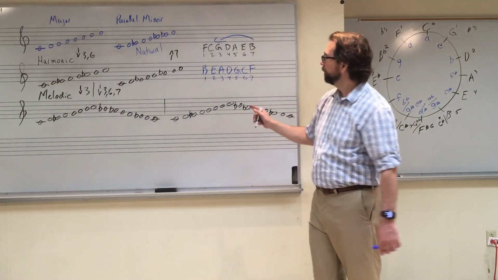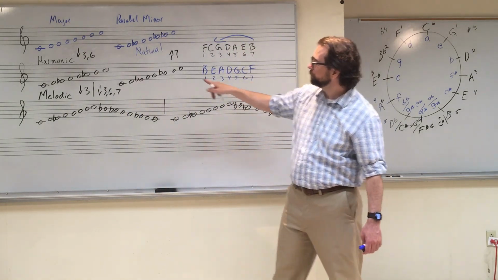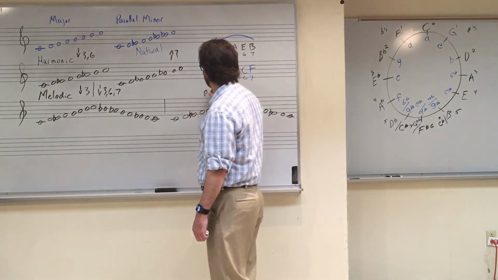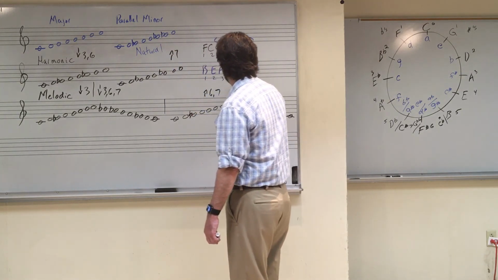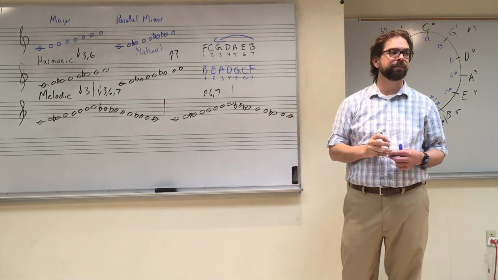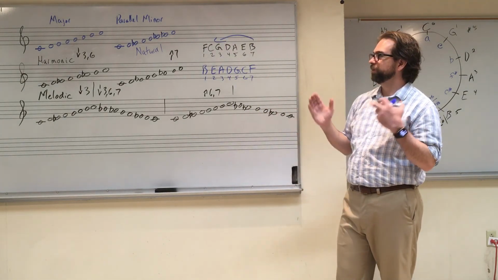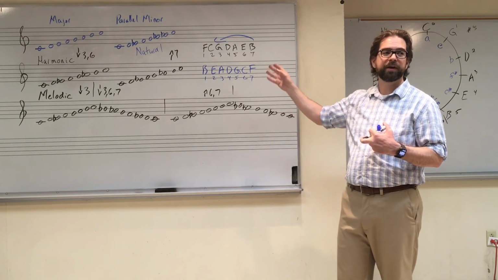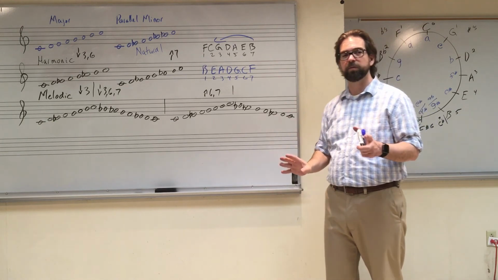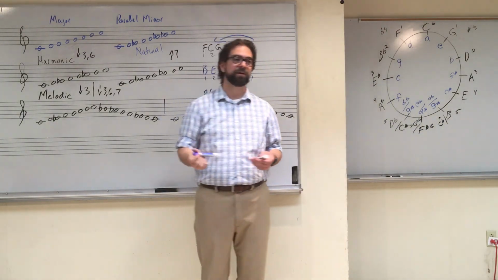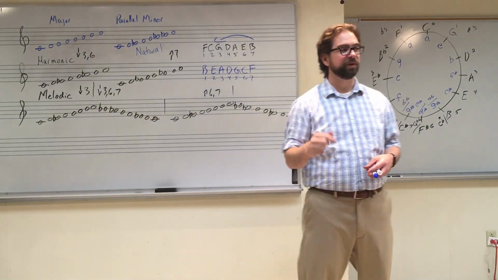On the way up, you're going to raise the 6th and 7th scale degree from natural minor. On the way down, you're going to keep it the same as natural minor. So it just depends, do you want to figure out your minor scales using the major key or using the minor key signature? Whichever one works easier for you. I think in the beginning it's probably easier to use the major key and just lower the appropriate scale degrees.